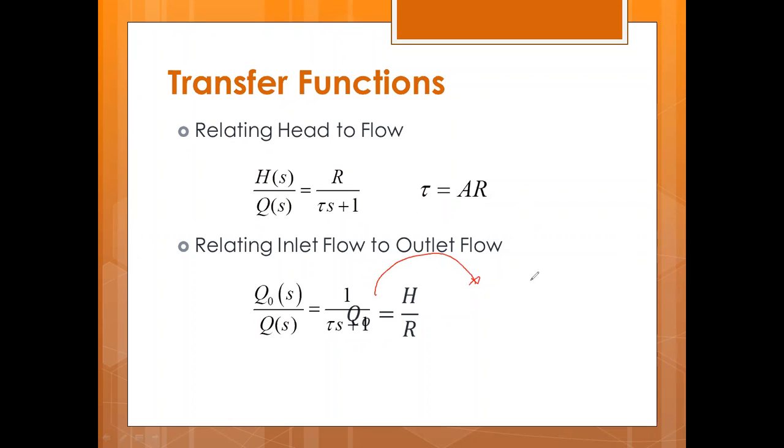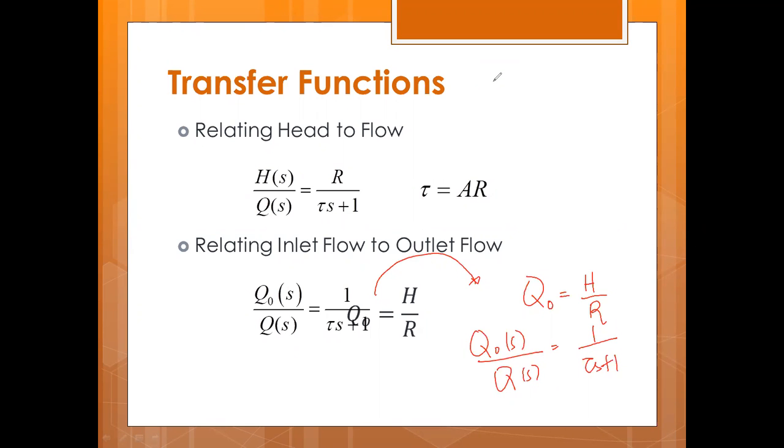So your Q sub O, the volumetric flow rate through the linear resistance, is equal to the level of the liquid inside the tank divided by the linear resistance. So that one just plays in there. This Q sub O of S over Q of S is equal to 1 over tau S plus 1.